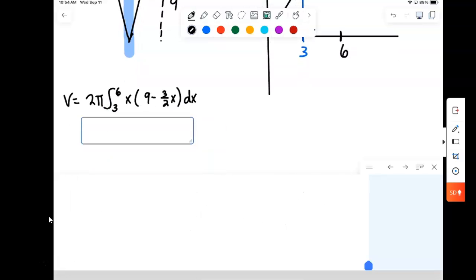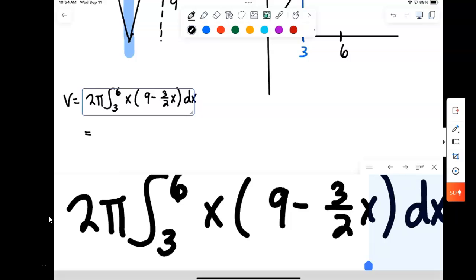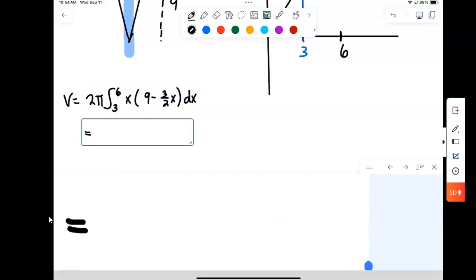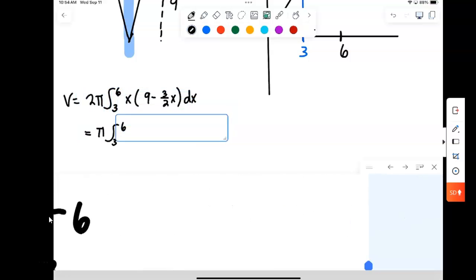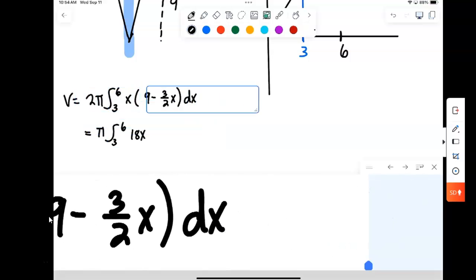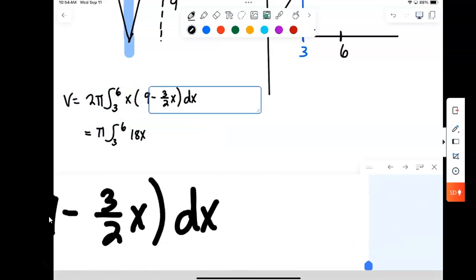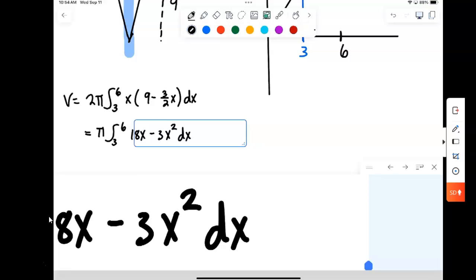Here I'm going to do a little bit of cleaning, because I have that fraction and I want it to disappear. I'm going to take the 2 from outside and multiply through along with my x. So 2 and 9 will be 18x, and the 2 cancels with the 3/2 to leave me with a 3. So I have minus 3x squared dx.